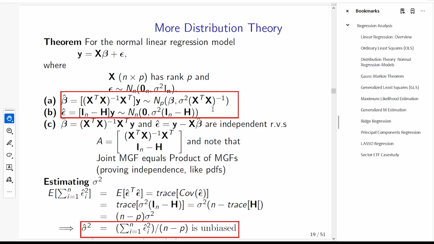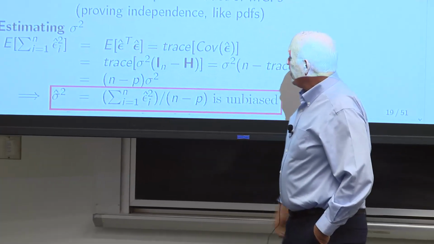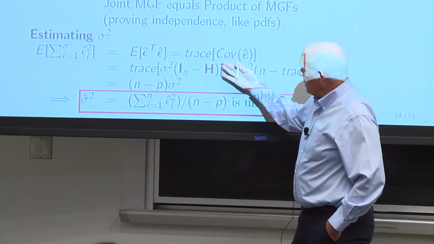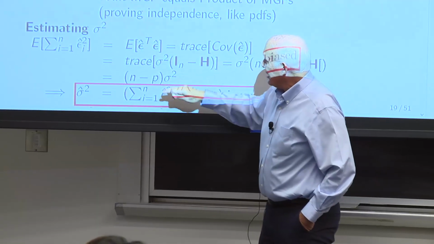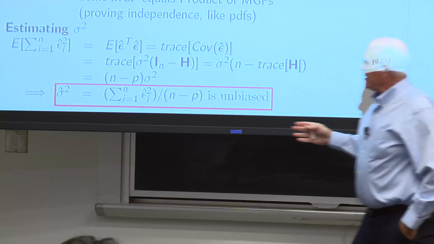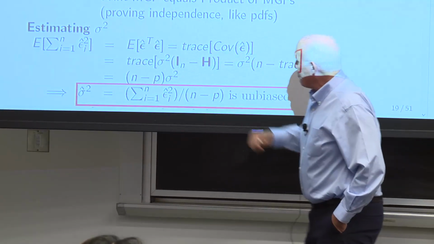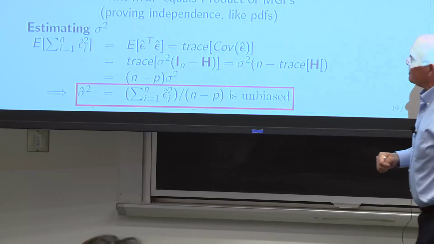And with that, we're able to get an estimate of the error variance very easily from the residual vector. The sum of squares of the residual vector can be solved for, having expectation equal to n minus p sigma squared. And that leads to dividing the sum of squared residuals by n minus p to get an unbiased estimate.